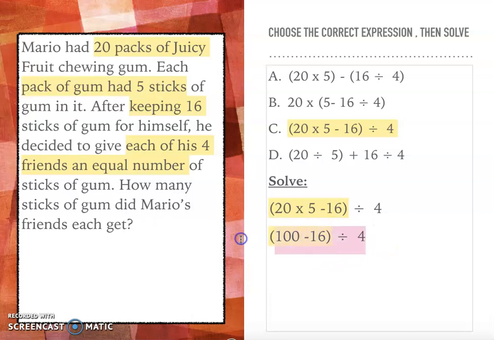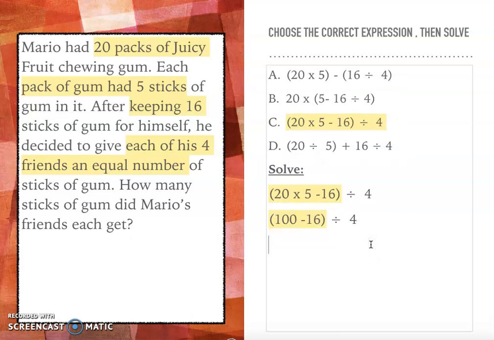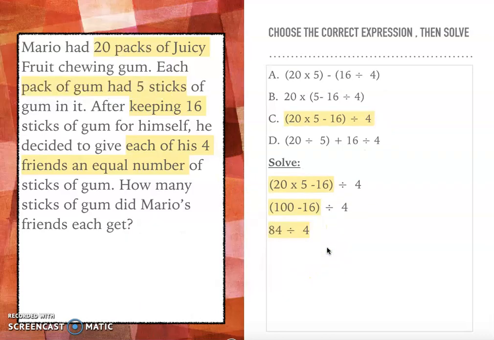Now my last step is to subtract. So 100 minus 16 gives me 84. And now I'm left with 84 divided by 4. So if I was to divide 84 by 4, guys, I would be left with 21.